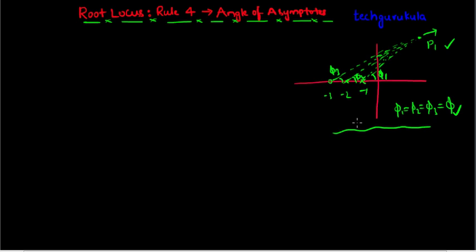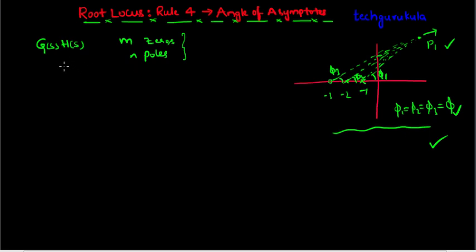asymptotes here. Now let's take the open loop gain G(s)H(s). We have m zeros and n poles. Wherever these m zeros or n poles are located on the s-plane, if we have a point on the root locus which is tending to infinity, then the angles made by the zeros and poles to that point are going to be the same, as the point is tending to infinity, as we have seen in this particular example.